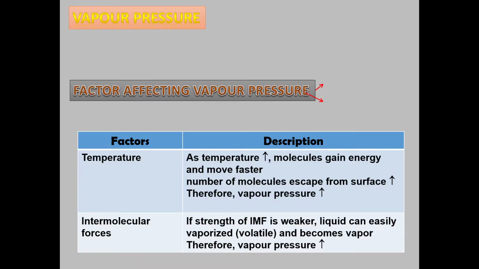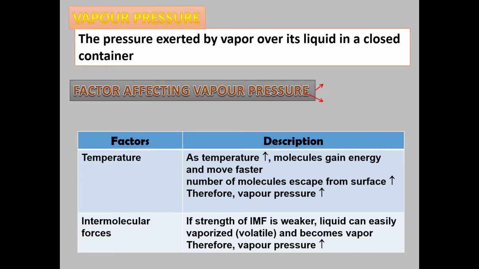Okay, so we will look at vapor pressure. Vapor pressure is a new thing we will learn. Vapor pressure is the pressure exerted by the vapor of a liquid in a closed container. So what is that?